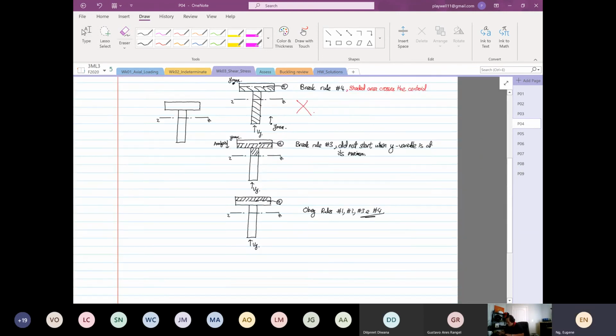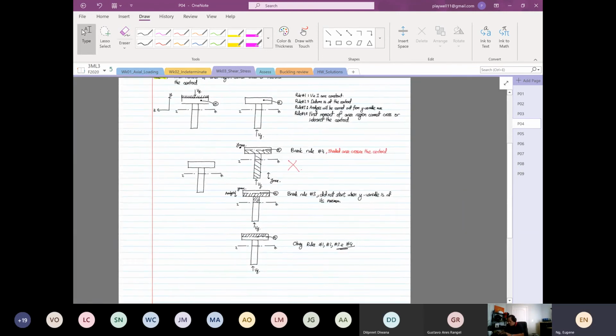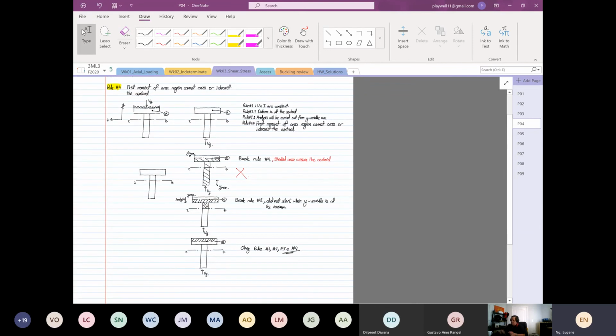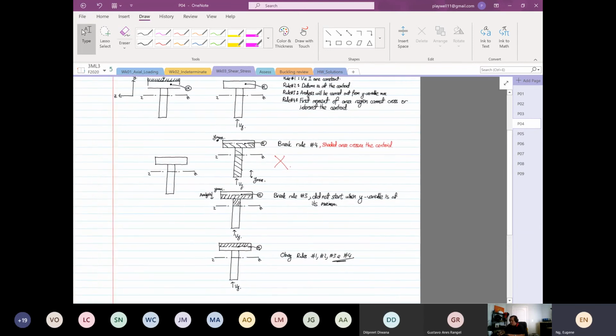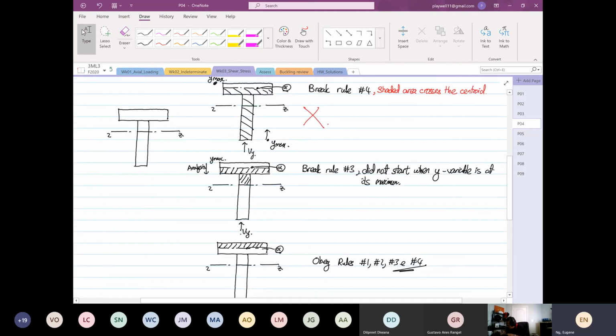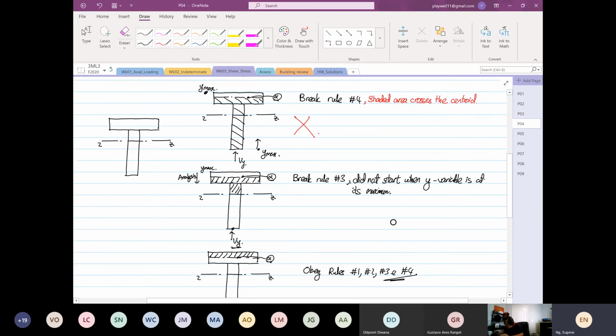A lot of students, not just for this class, I also teach the same course in the Faculty of Engineering for mechanical engineers. Without the rules, it is very, very confusing. Because we have the perception that if this is Vy, this is where the analysis is going to start. No. For this case, no. Why?